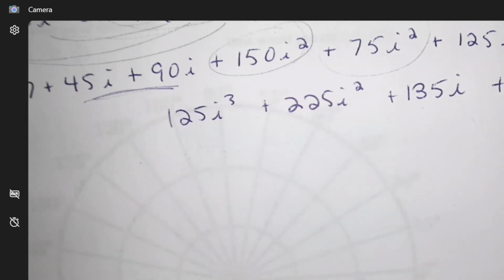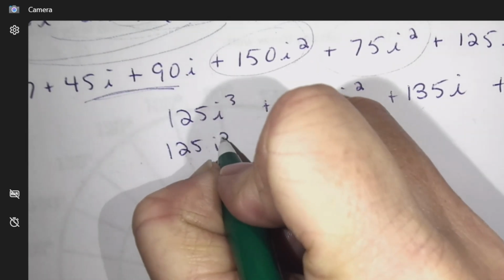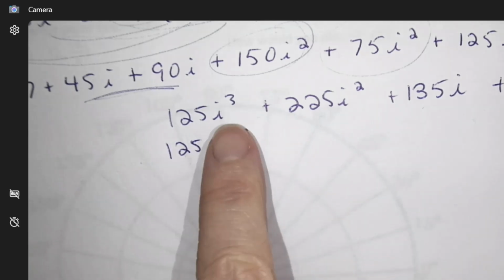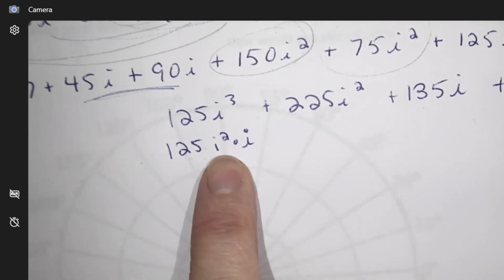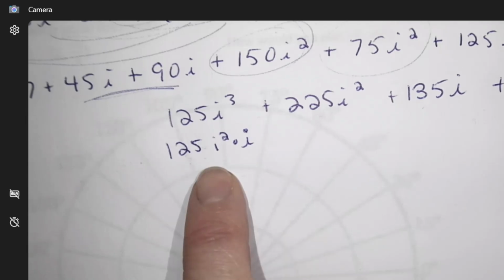Okay, I squared business now. I'm gonna do the I cubed as an I squared and an I, because you always want to try to make as many I squareds out as you can.